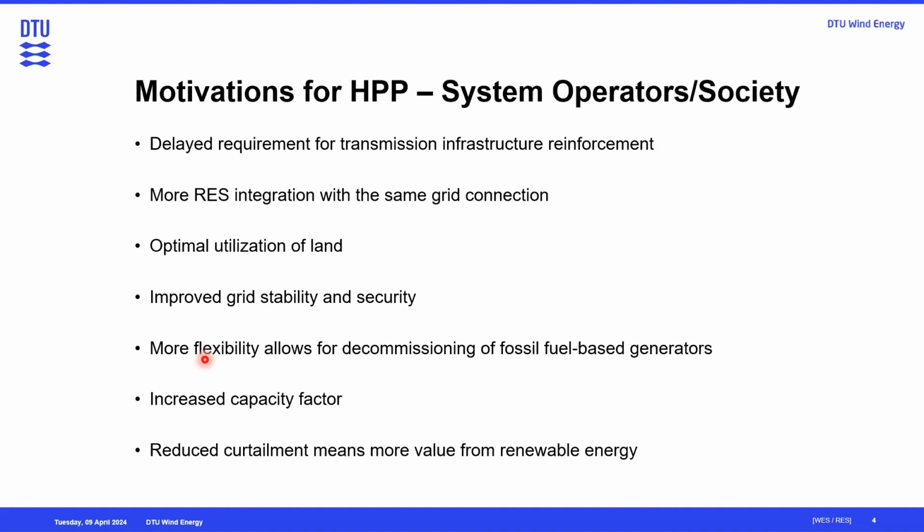So that's already increasing the capacity factor of the renewable. That also means that the grid is better utilized. And then if you have a battery, you can also reduce the curtailment, which means that you are not spilling away the renewable energy.